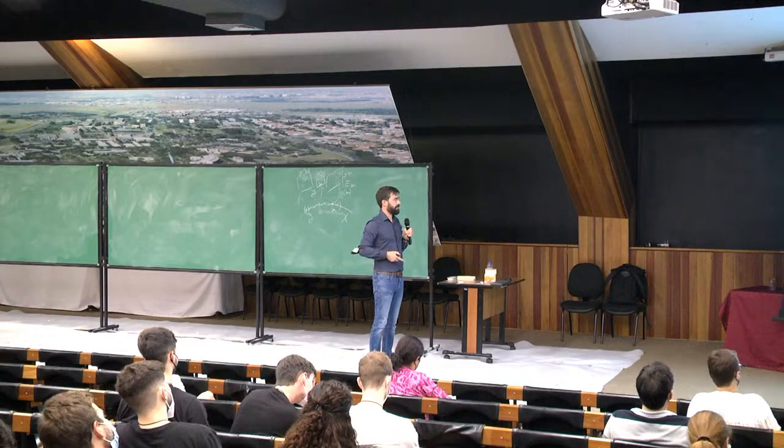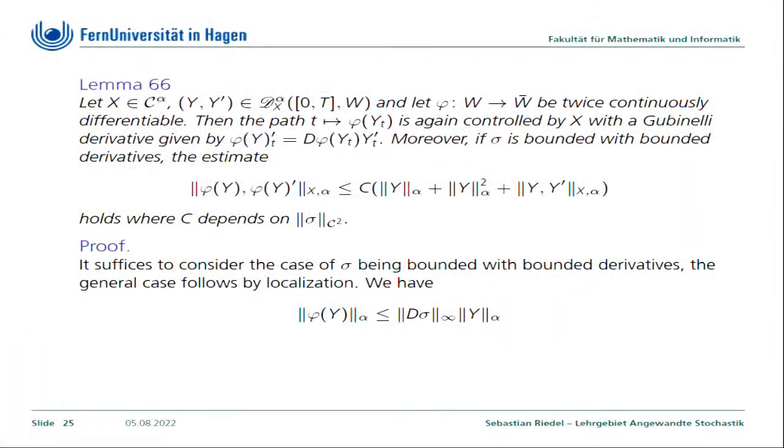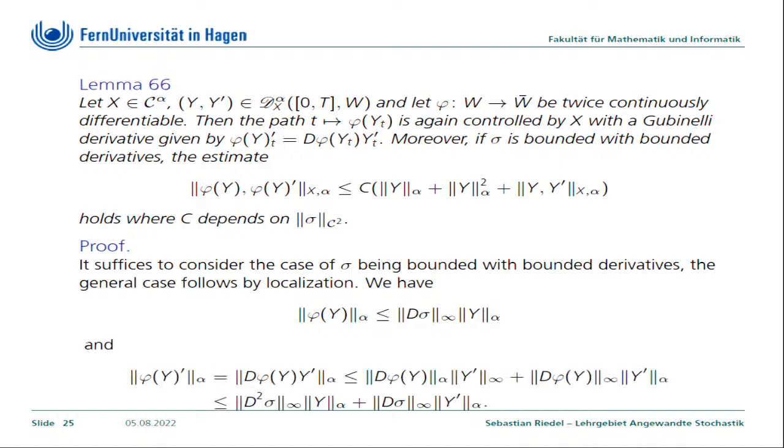Okay, so let's start to calculate everything. First we have to calculate the alpha Hölder norm of this composition. We did that, I think, several times. It can be bounded by the supremum norm of the derivative times the Hölder semi-norm of y. And so let's have a look at the alpha Hölder norm of the derivative here.